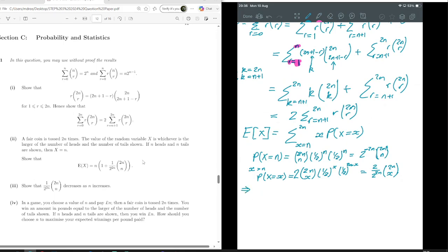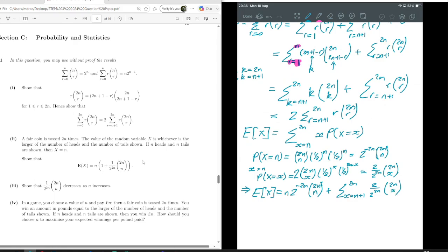So now we get that the expectation of x is going to be the special one that we've split off, and we need to remember to times that by its actual value. So we get a value of n with a probability of that nonsense, plus the sum from x equals n plus 1 up to 2n of 2 over 2 to the 2n choose x.